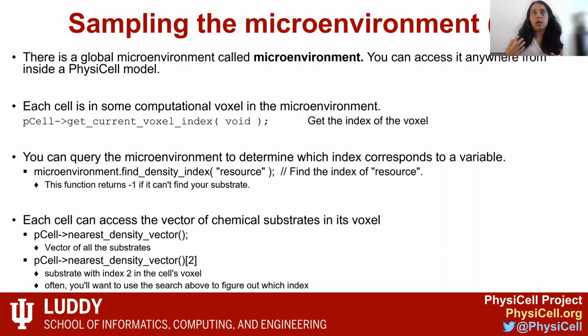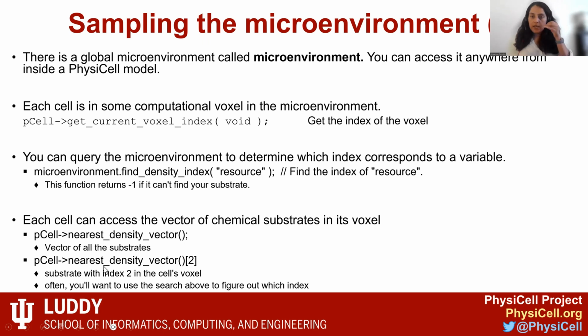It can be oxygen, it can be glucose, it can be some drug that is added to the microenvironment. And if there is nothing diffusing in the background, there is no substrate in the environment, the function will return -1. So be careful of that. Once we have the index of the resource, we can see what is the value of that resource for a particular cell.